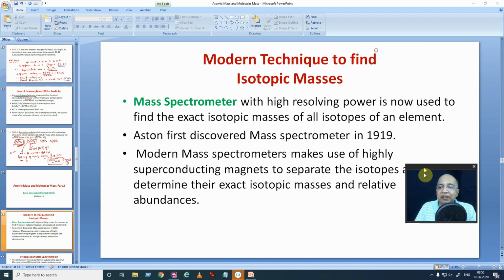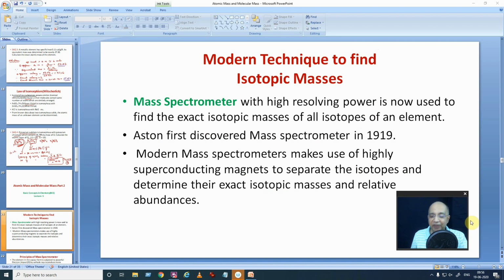Now, the modern method of finding the exact isotopic mass, and their relative abundances, is in an instrument called a mass spectrometer. This mass spectrometer is an instrument which was first discovered by the scientist Aston in 1919.